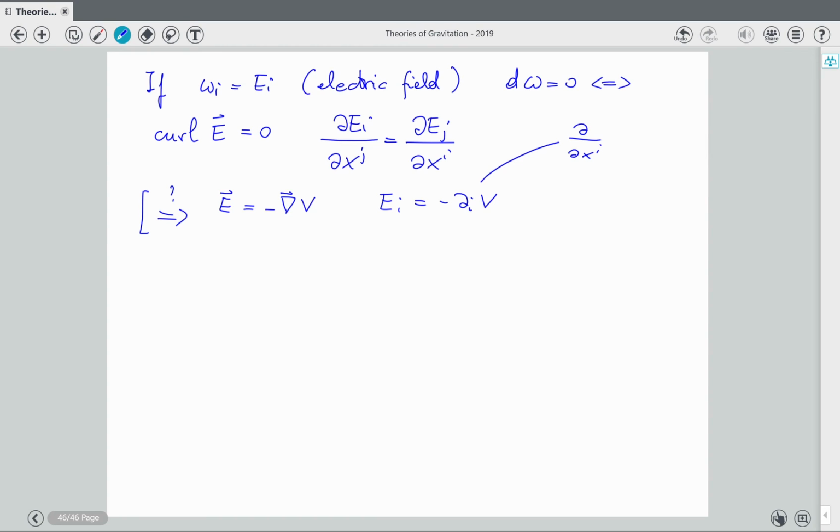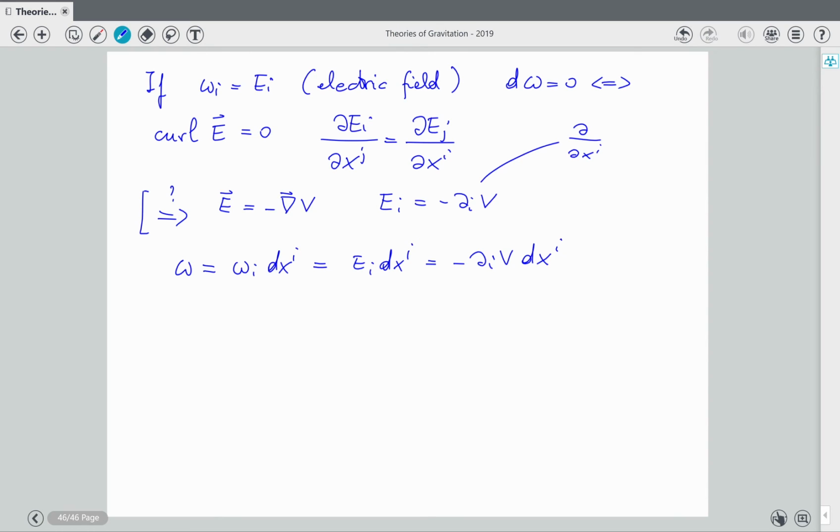Let's check what happens to the differential form if we insert this condition. So omega I is EI, but EI in this case is this object.